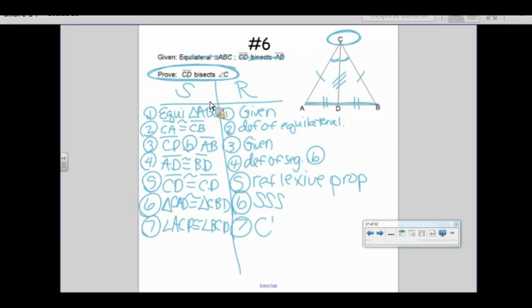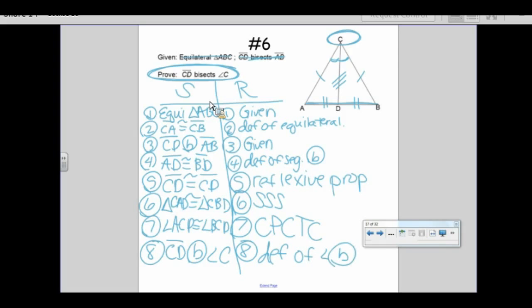And that's by CPCTC, corresponding parts of congruent triangles are congruent. Now I'm ready to say that segment CD bisects angle C, and the reason is the definition of an angle bisector.